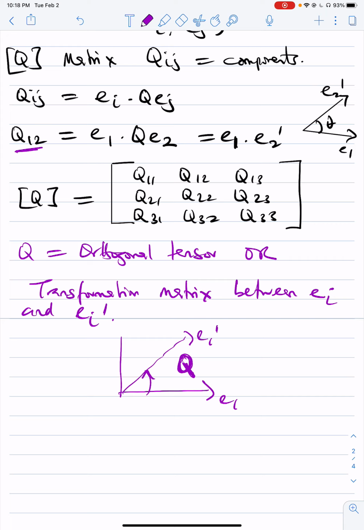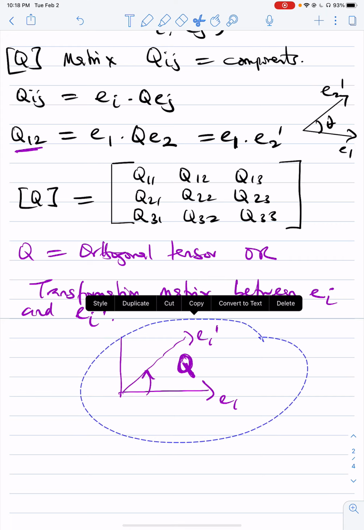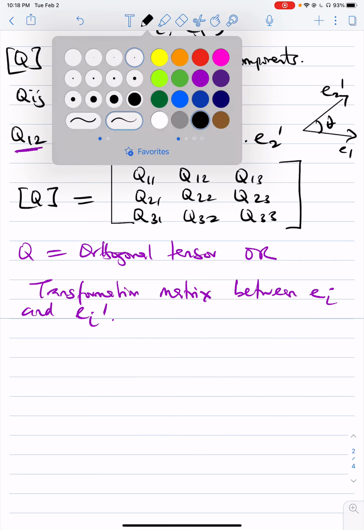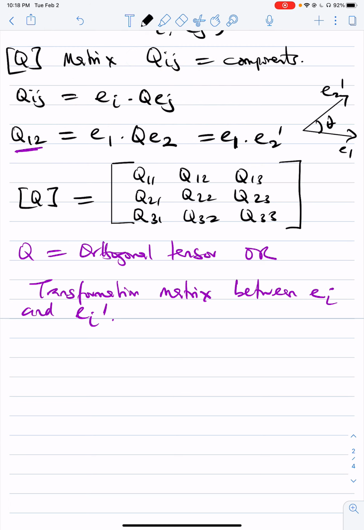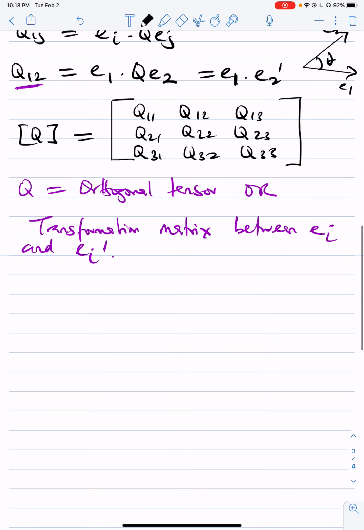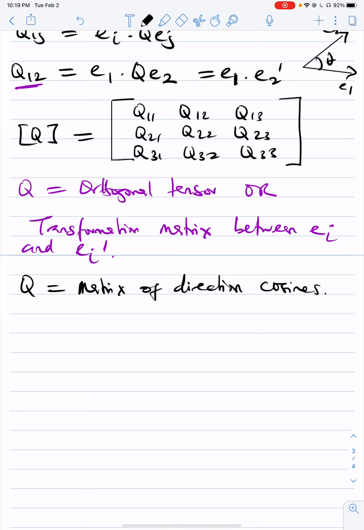It is Q. Does that make sense? So Q is an orthogonal tensor, a transformation matrix, or also Q could be called the matrix of direction cosines. The cosine of the angle between the vector and its coordinate system is the direction cosine, basically. So it's called a matrix of direction cosines.